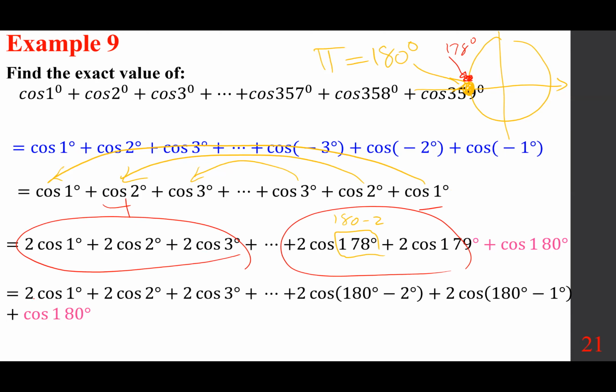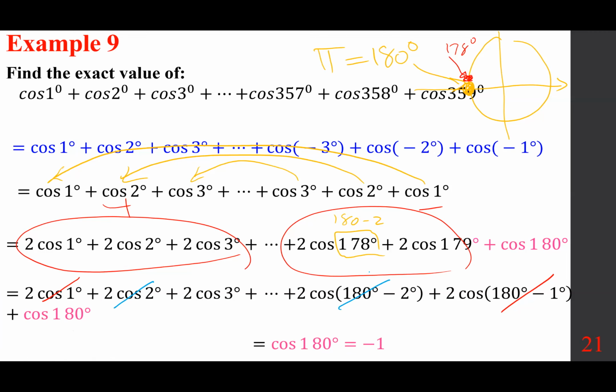It's important to know this cancels out this one. This cancels out this one. Everything cancels out except cosine of 180. Cosine of 180 is negative 1. So this is a trick that you use for this question.